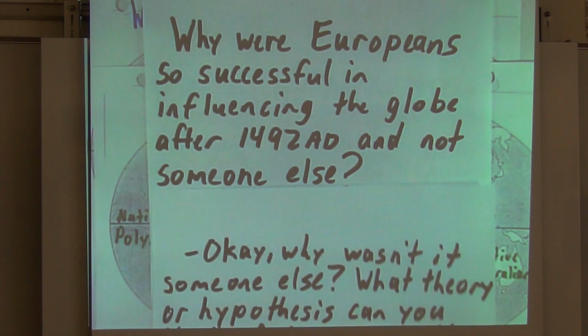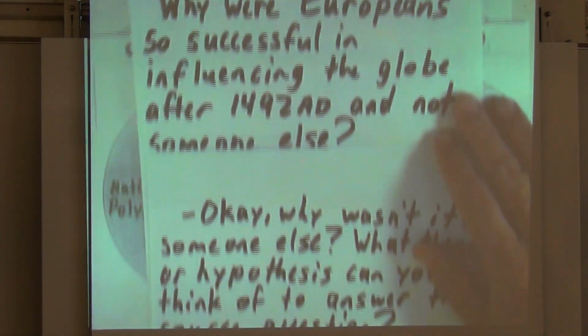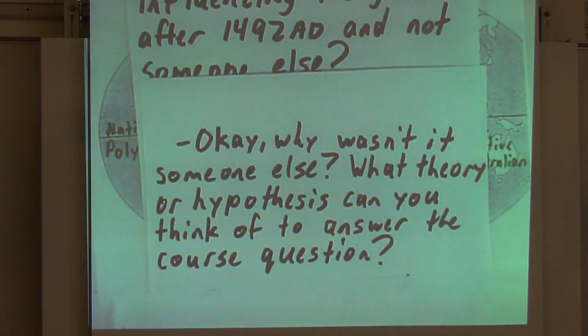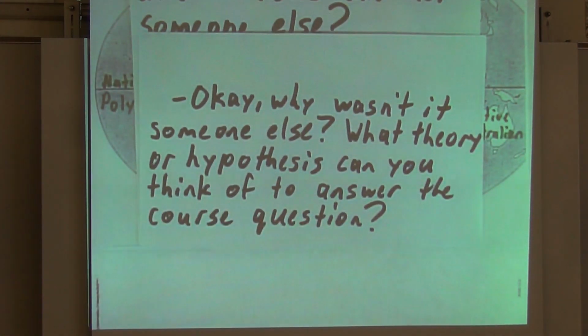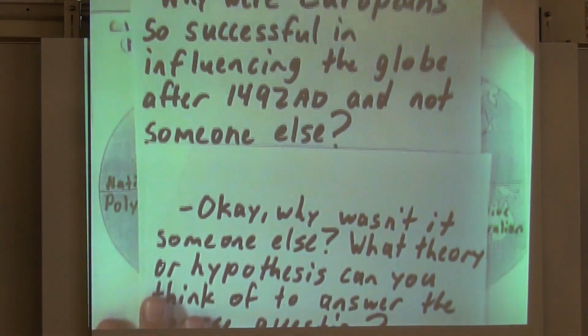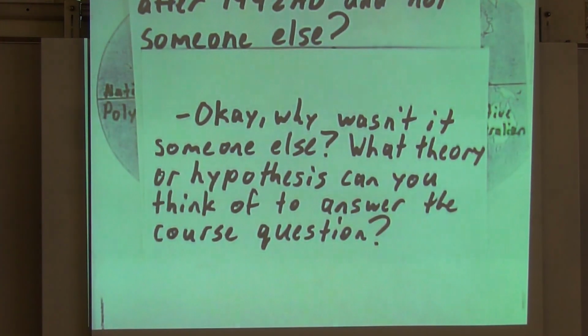First of all, that's the course question. Why wasn't it someone else? What theory or hypothesis can you come up with, maybe right off the top of your head, as to why it was Europeans? Can you think of a reason? Have you ever thought about why the world is the way it is?